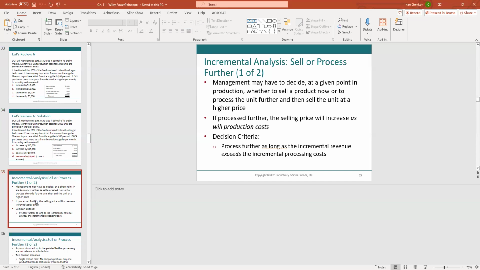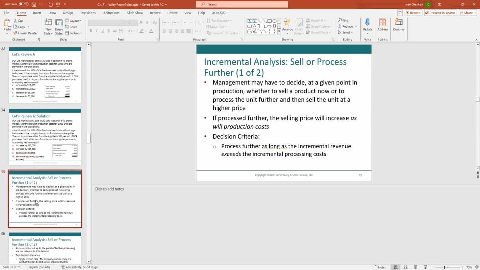If I convert it to cheese, I can sell it for $10, but it's going to cost me $5 to make it. Should I convert it to cheese? Let's think about it. Currently I'm selling it for $4.